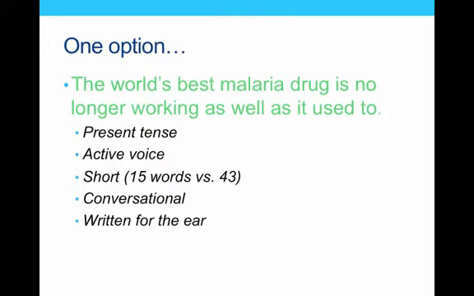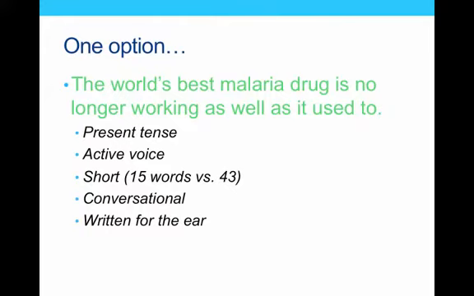So my suggestion for how you might approach this for a broadcast story is to say, the world's best malaria drug is no longer working as well as it used to. Okay, so this is in present tense, is no longer working. It's active voice. The drug is the subject of the sentence. It is no longer working. It's much shorter.